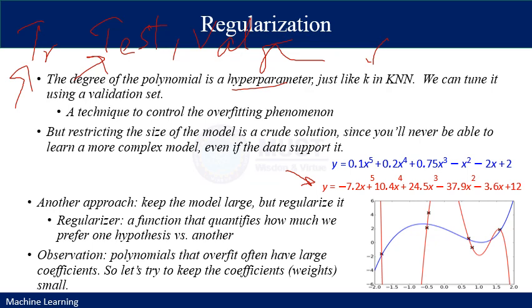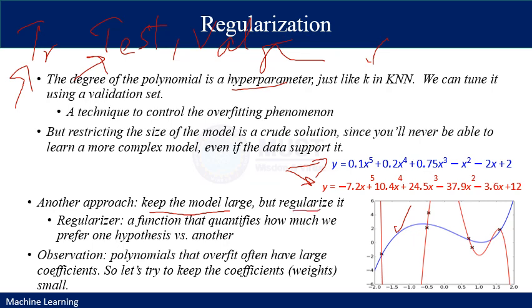A similar polynomial model is represented in blue line, which is a more suitable choice. That means it is complex enough to capture the details, but not complex enough to even model the noise. So in this way, you have chosen another approach, which is keeping the model large but regularizing it.